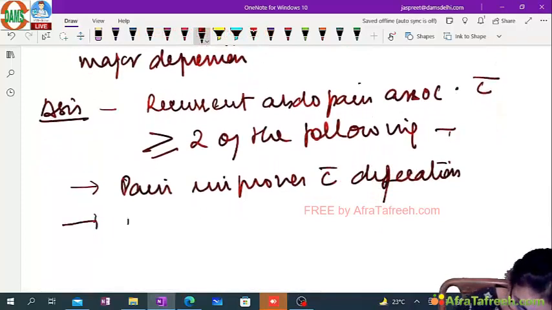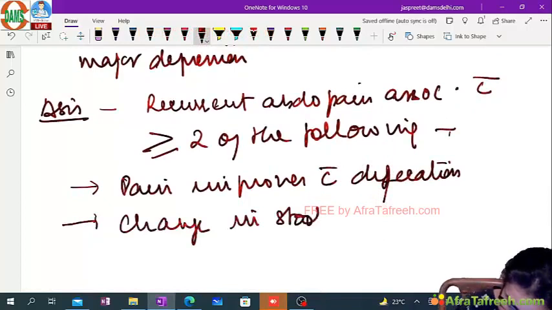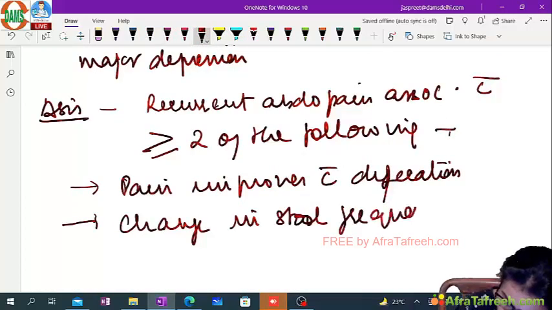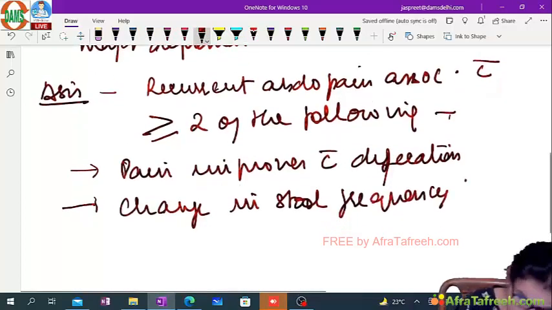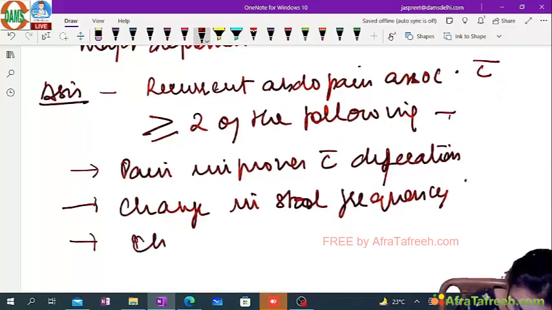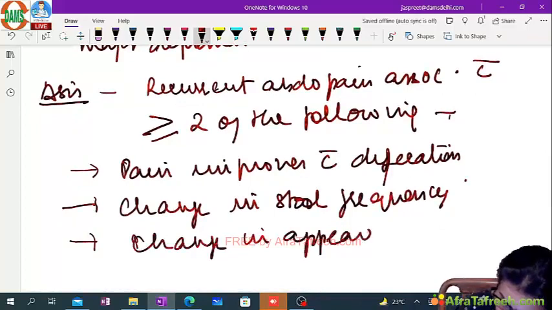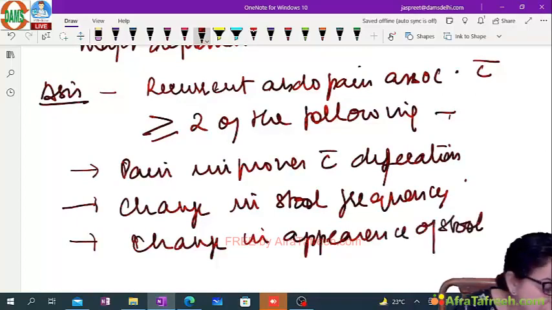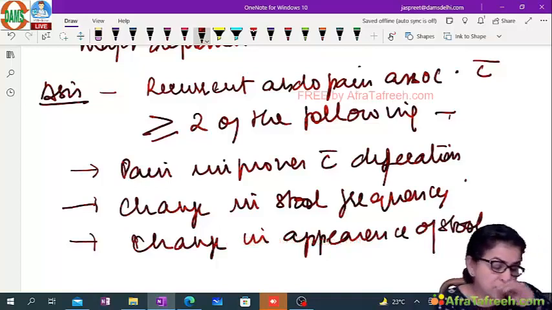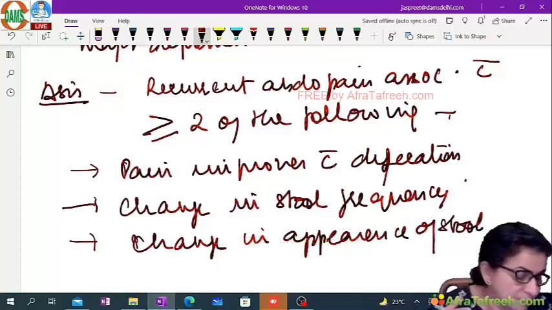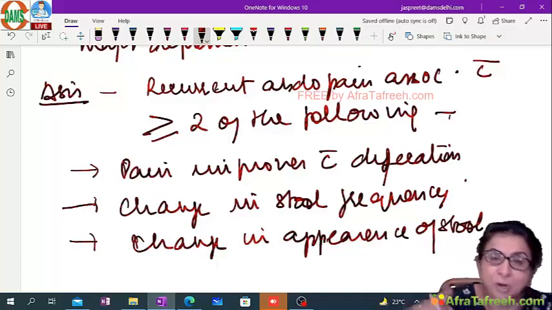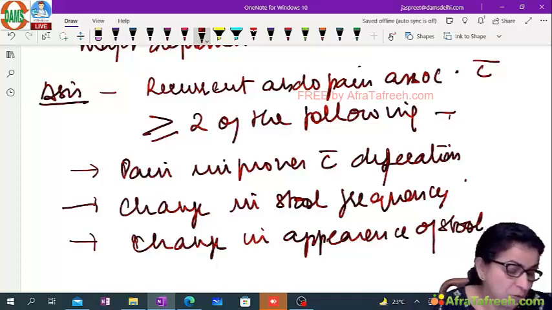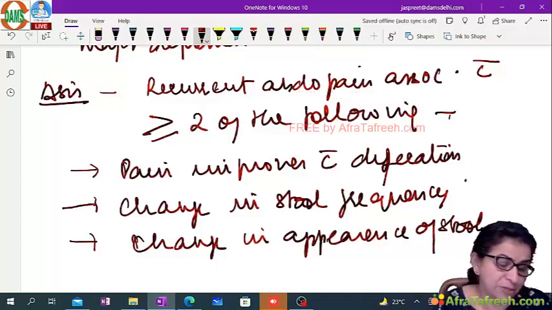Two, change in stool frequency. Three, change in appearance of stools. Sometimes the symptoms can be diarrhea predominant or constipation predominant also.